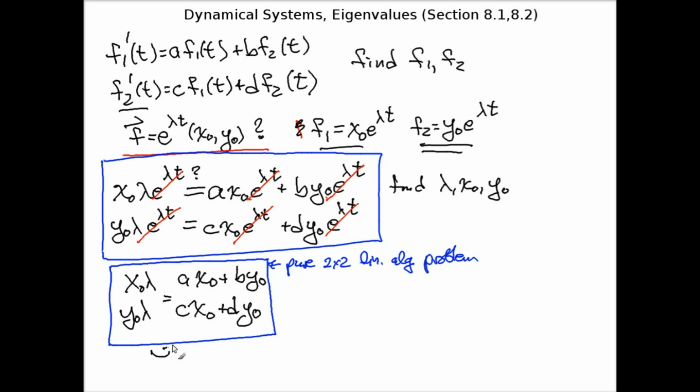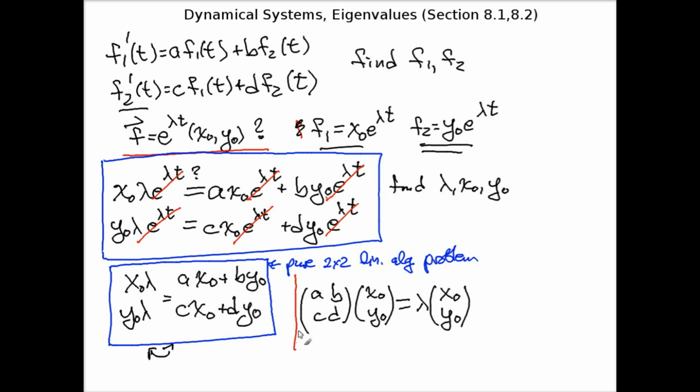I'm going to switch the two sides, and I'm going to say that a, b, c, d applied to the vector x naught, y naught is supposed to equal the vector x naught, y naught times the constant lambda. Okay, so that's what I'm trying to solve. And again, I'm trying to solve this for lambda, x naught, and y naught.